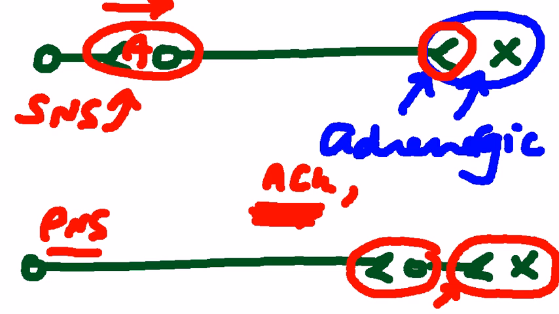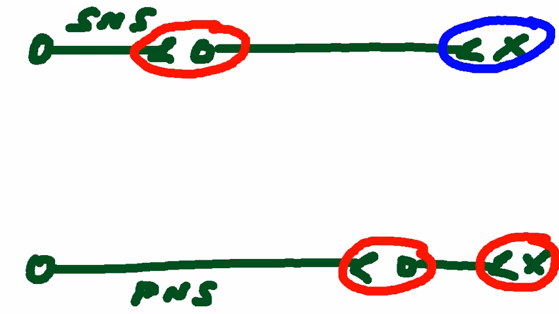So now we understand which synapses in the autonomic nervous system tend to be adrenergic, which I've highlighted in blue, versus cholinergic, which I've highlighted in red.